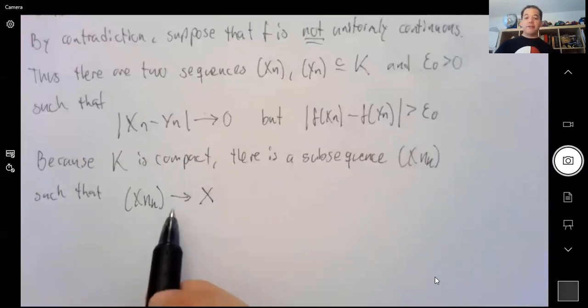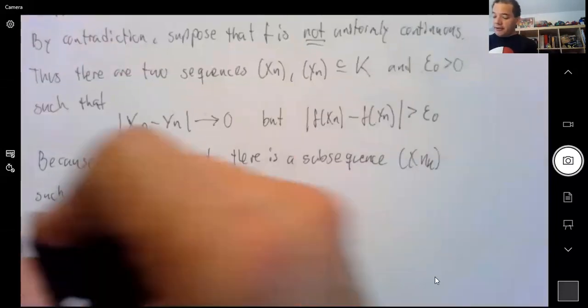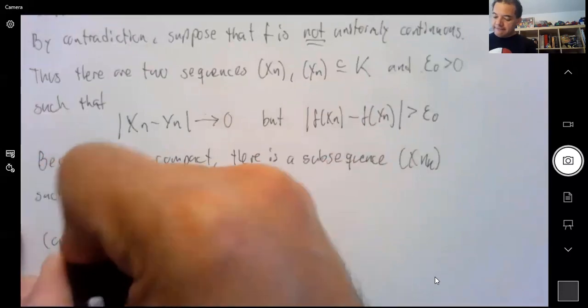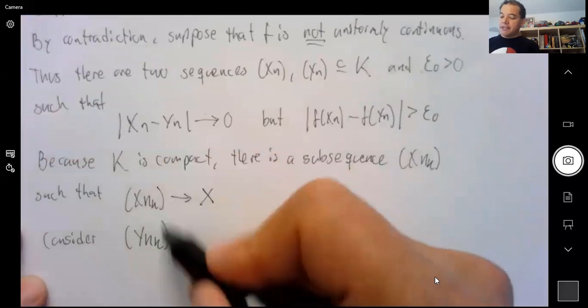So let's look at the corresponding sequence with the y's, right? So consider the subsequence of yn in K. So that's the same sub-indices.